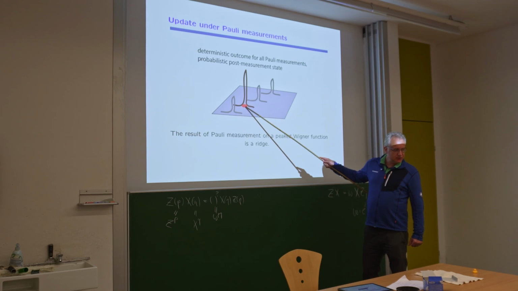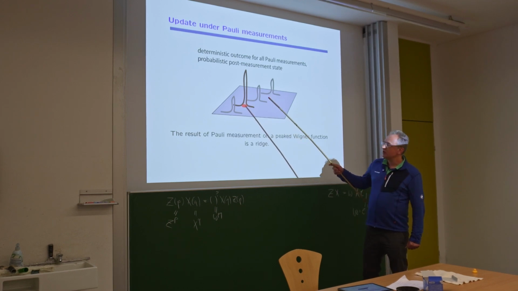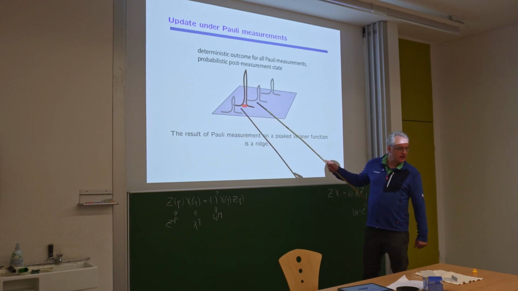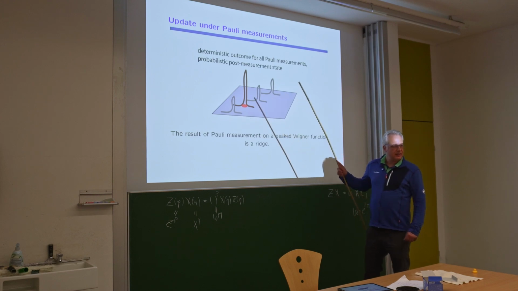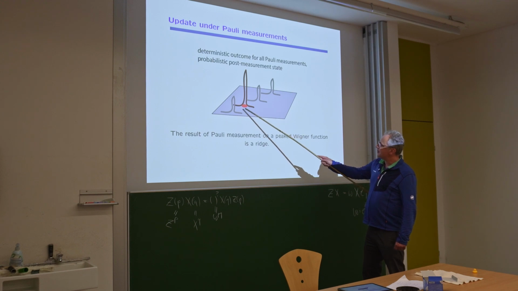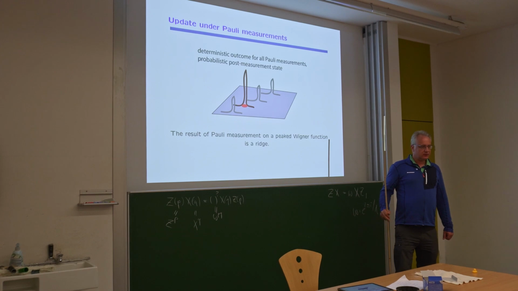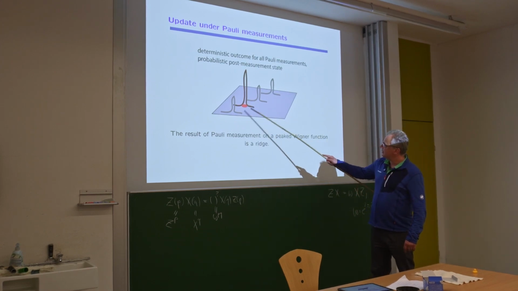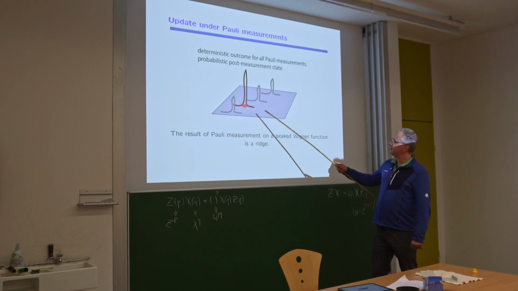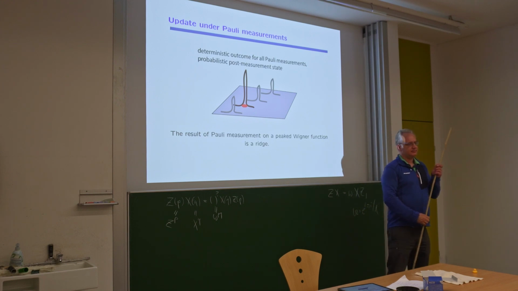By the Dirac projection postulate, this translation should not change the state, therefore it shouldn't change the Wigner function. And so the direction of this ridge is precisely the translation under that Pauli operator. So the Pauli operator that you have just measured gives you the direction of this ridge, namely that ridge remains invariant under that translation.